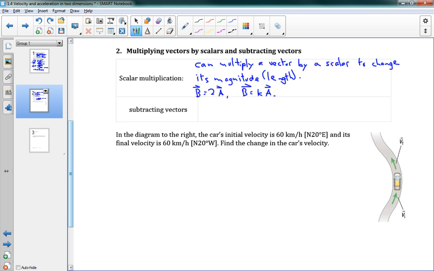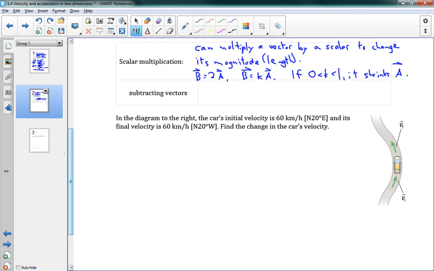Now, one interesting thing to note here is that if 0 is less than k, which is less than 1, so if k is between 0 and 1, it shrinks a. So if I'm multiplying a by 0.5, I get a vector that's half as long as a, and hopefully that makes sense.